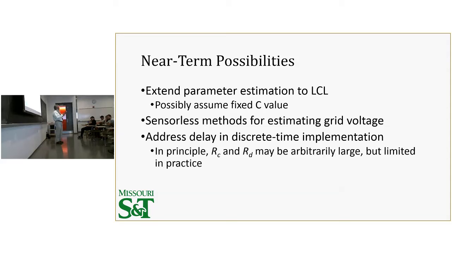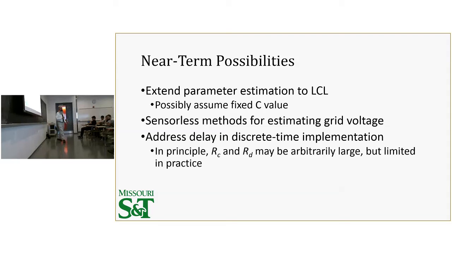Typically, you'll sense it right at the terminals, but then there's some impedance between there and any hypothetical distant voltage source. And so we can incorporate the Thevenin equivalent impedance of the system if we're estimating that grid voltage further away. And then the last thing is the delay, like I mentioned.